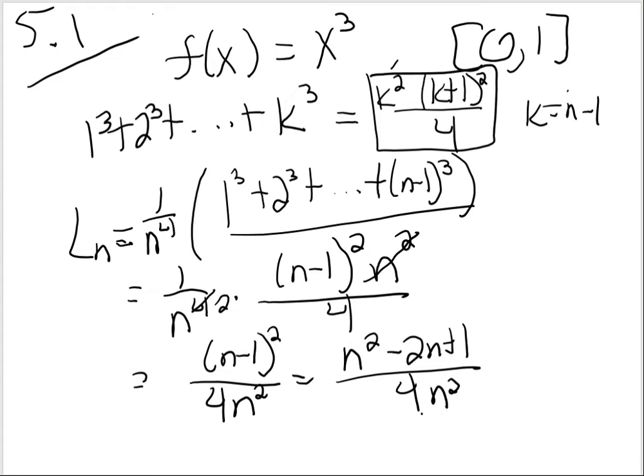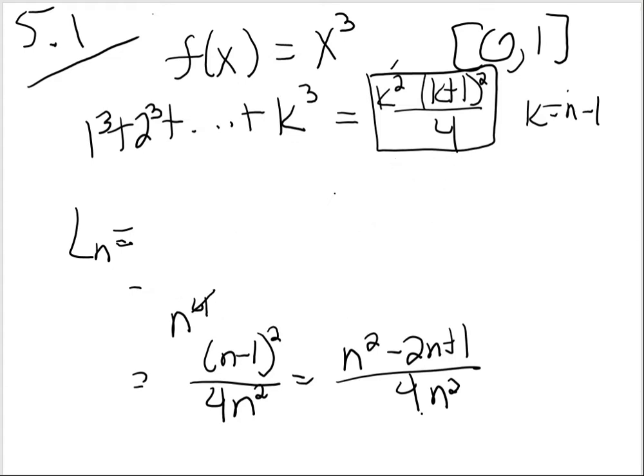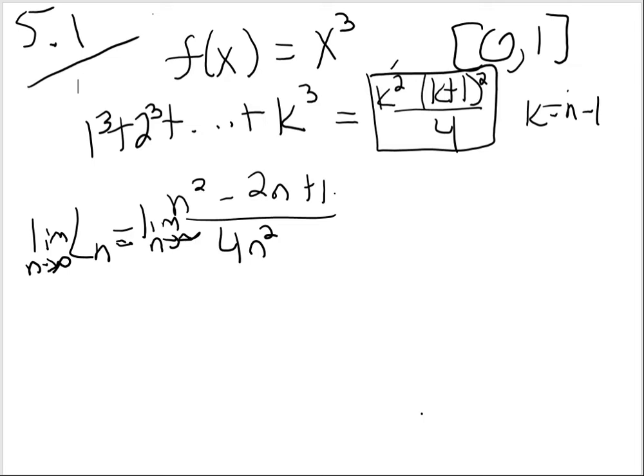So what happens to that fraction as n goes to infinity? Well, this is n squared minus 2n plus 1 over 4n squared. We take this limit as n goes to infinity. Well, we're going to get infinity over infinity.